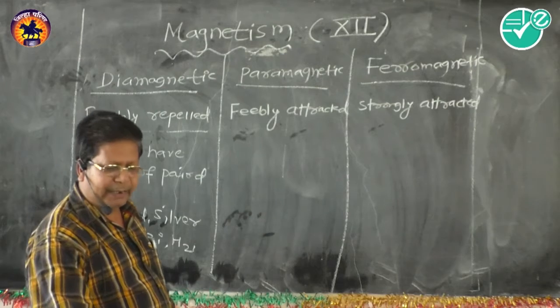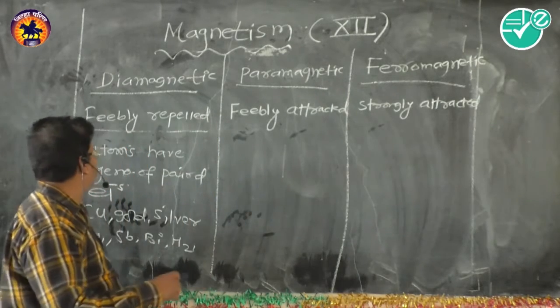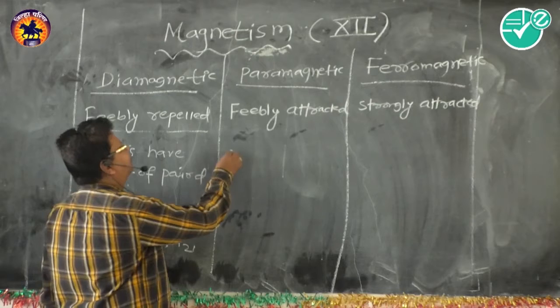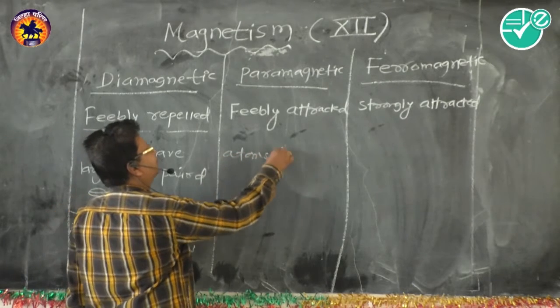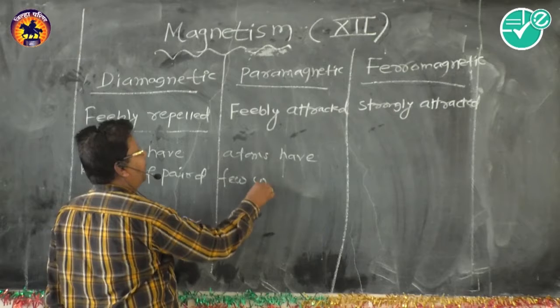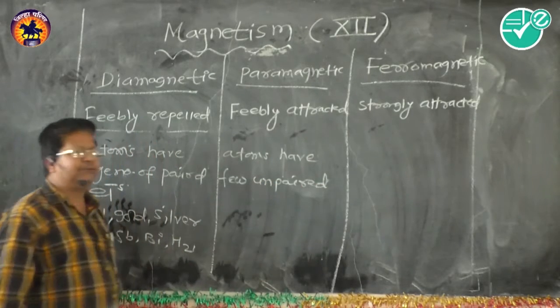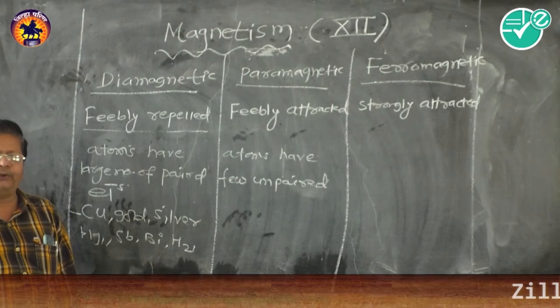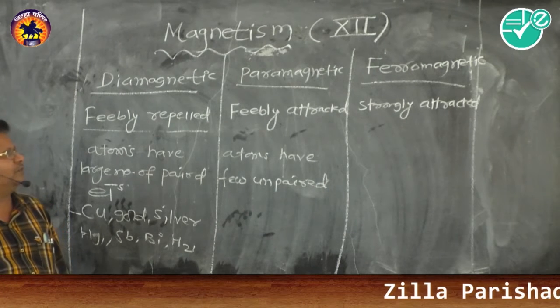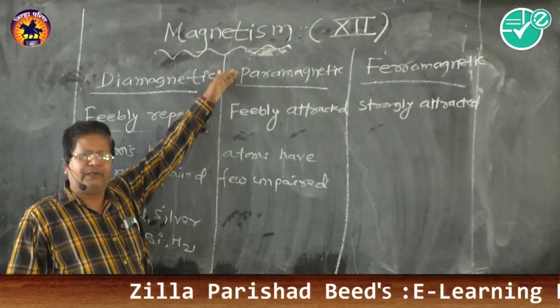In the case of paramagnetic substances, those substances whose atoms have a few unpaired electrons are called paramagnetic substances.